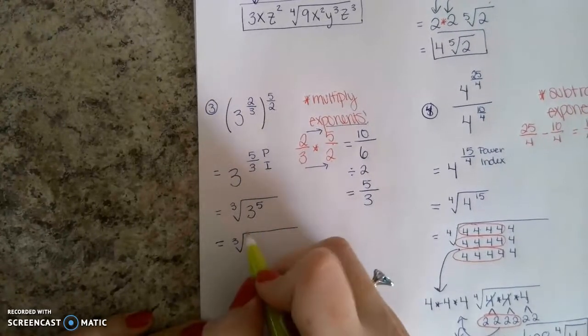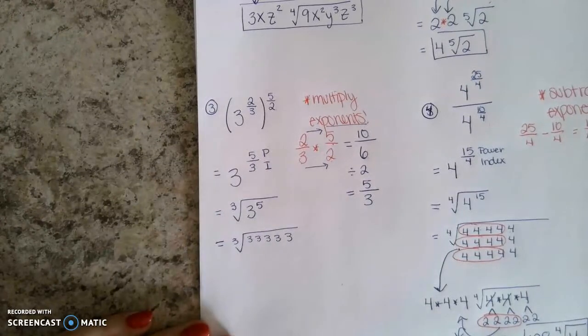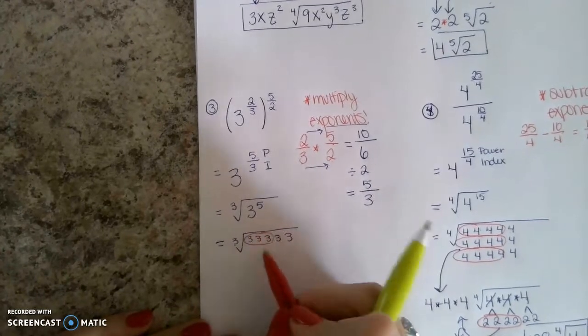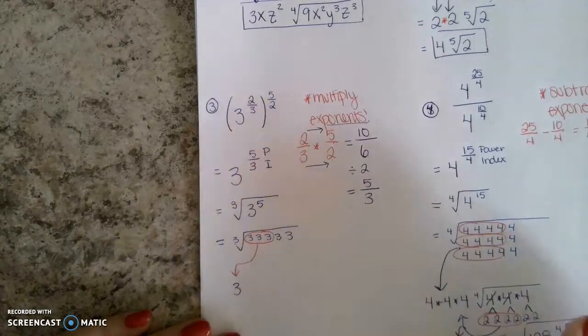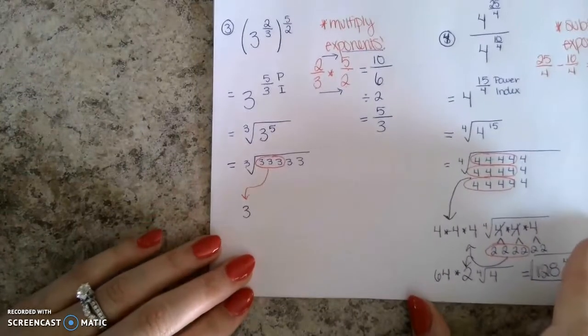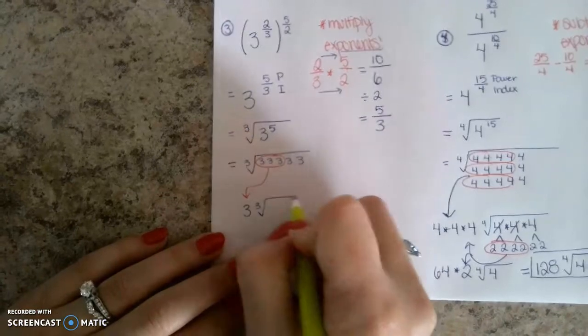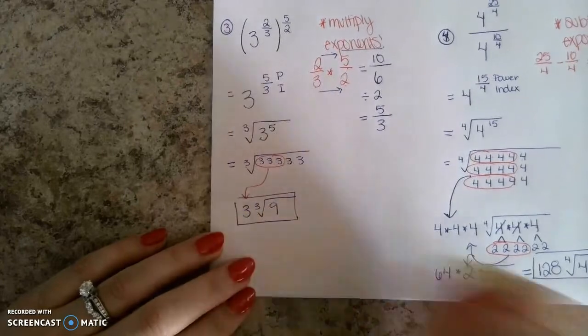So cube root of 1, 2, 3, 4, 5 3s. I'm looking for a group of 3 of them, which will go with me on the outside. And then I have the cube root left over of 3 times 3, which will get me 9.